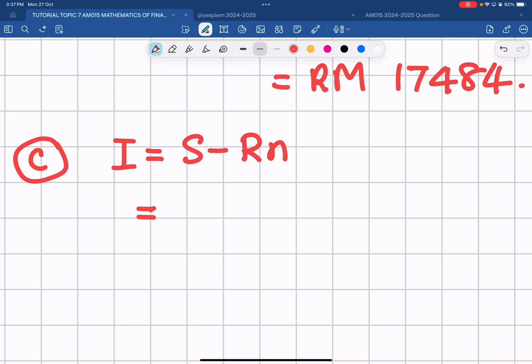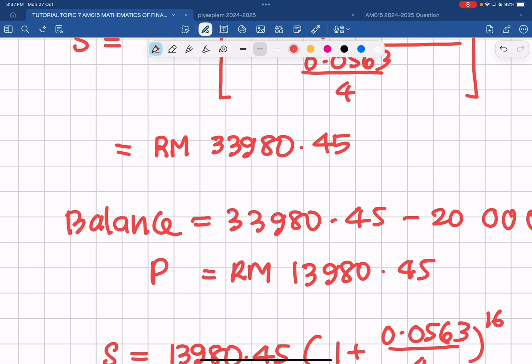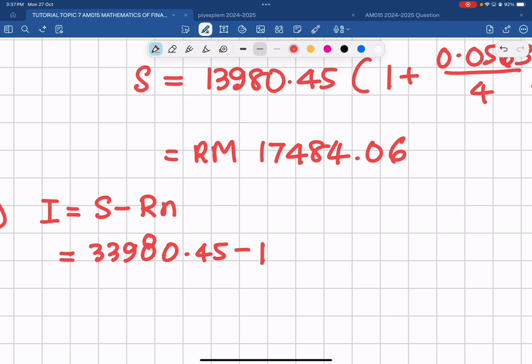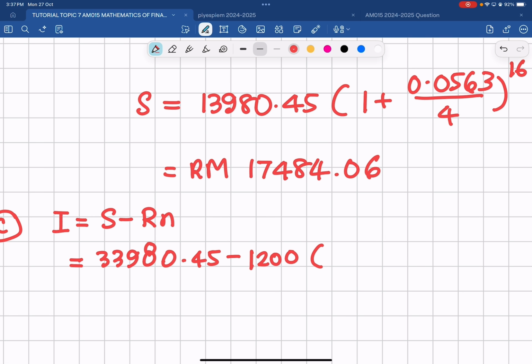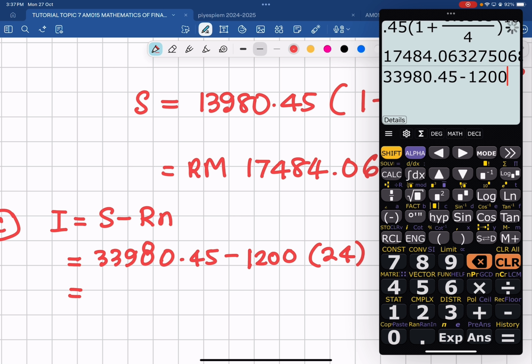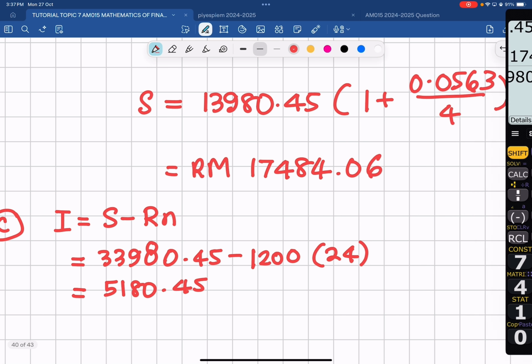Our S is 33980.45 minus 1,200 times N. What is our N? 24. Nanti dapat $5,180 and 45 cent.